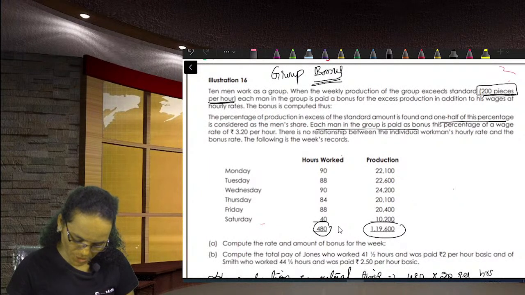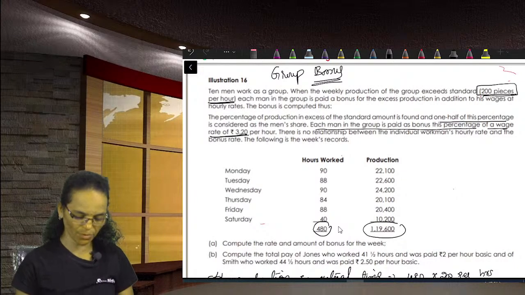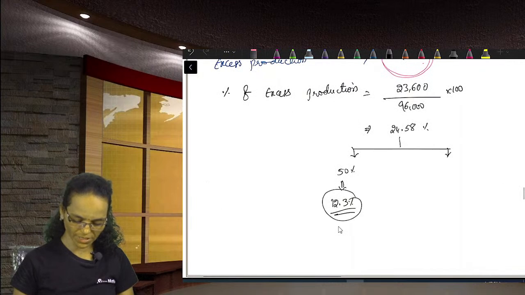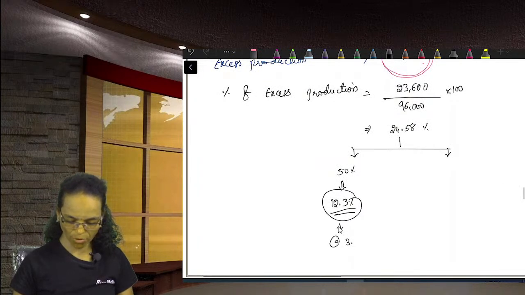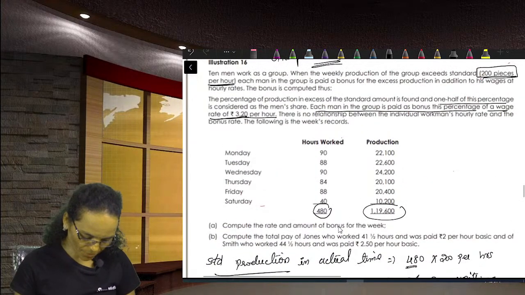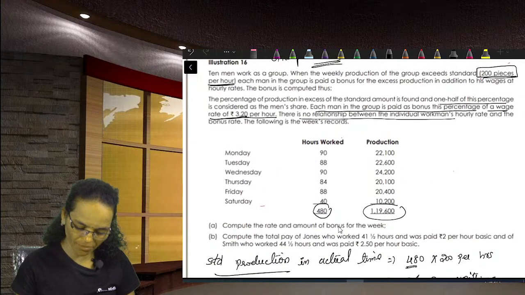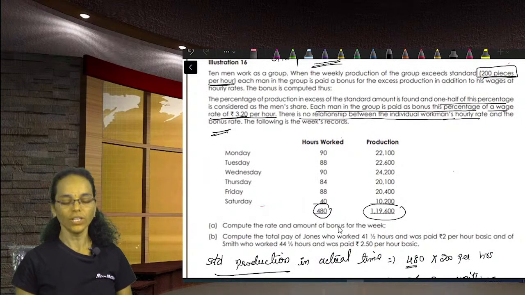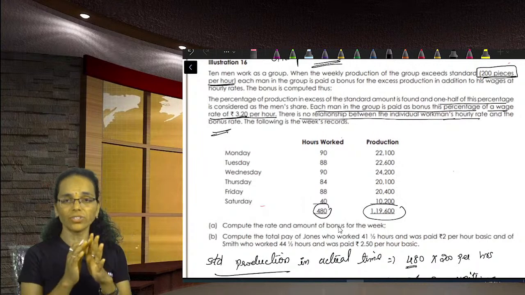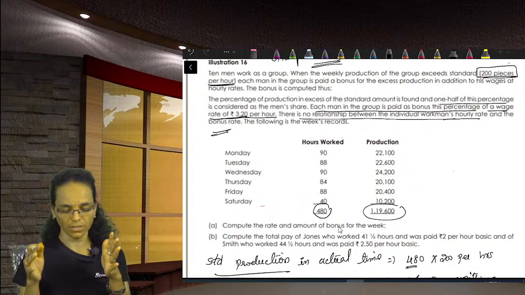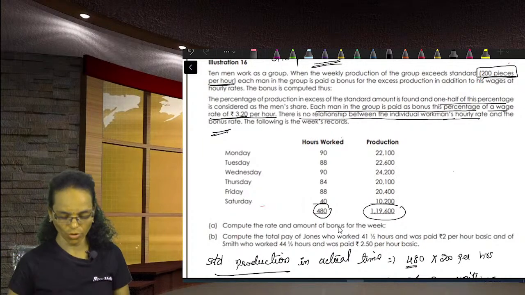Each man in the group is paid as bonus this percentage of the wage rate of 3.25 per hour. There is no relationship between the individual workman's performance and the group bonus.